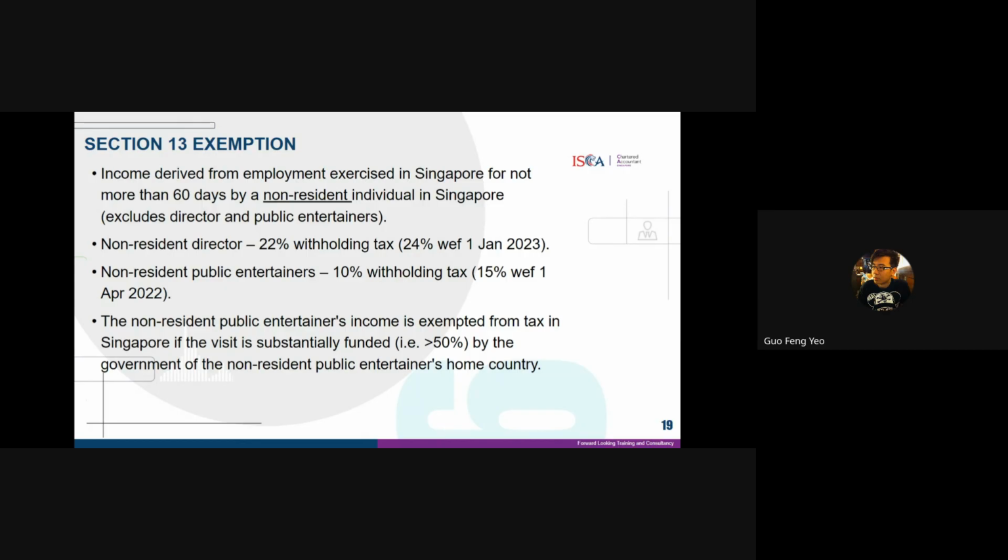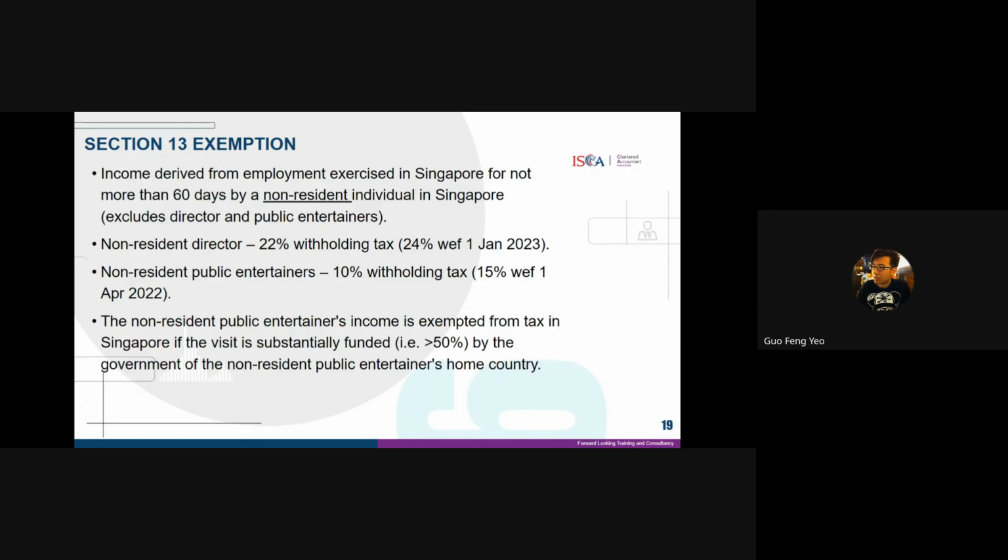For non-resident director, they are taxed based on the payment made to them. So it is collected or imposed on them by way of withholding, and with effect from Jan 1st, 2023, the withholding tax rate is 24%.